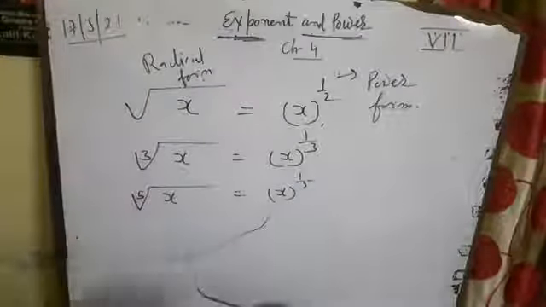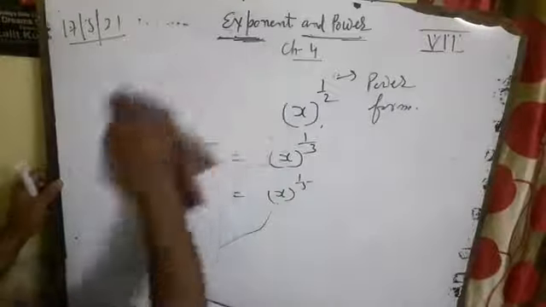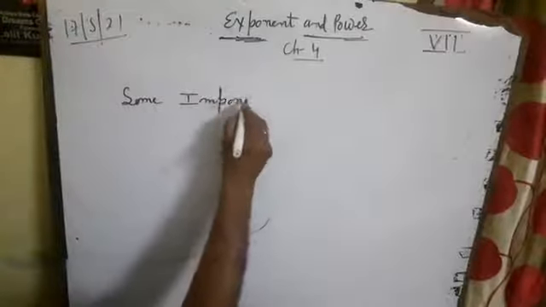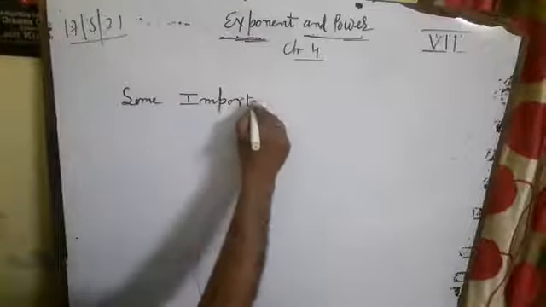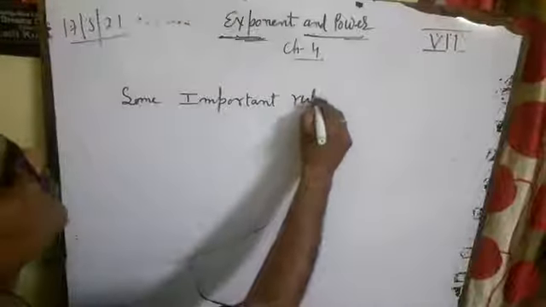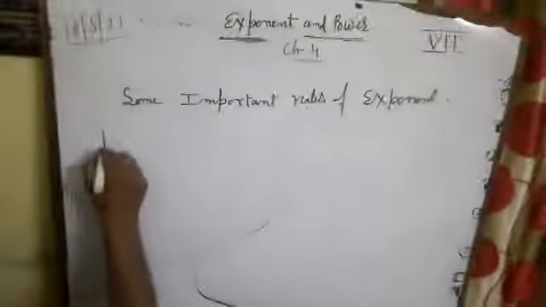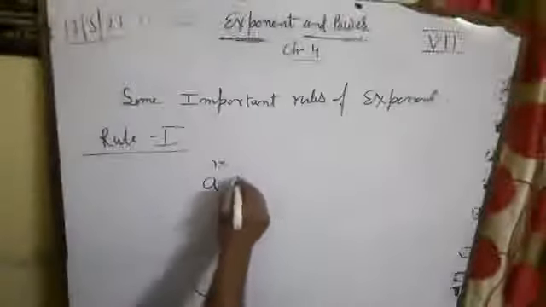Now, there are some important rules of the exponent. Listen carefully. Rule number 1. Suppose A is a base, M is a power.